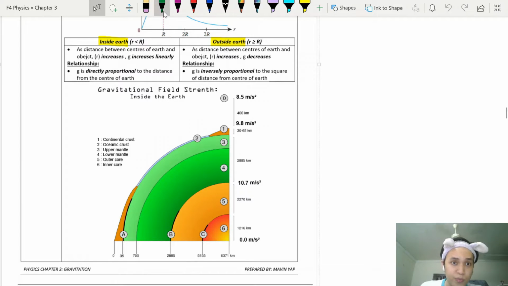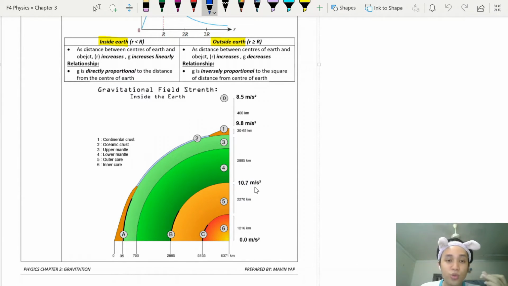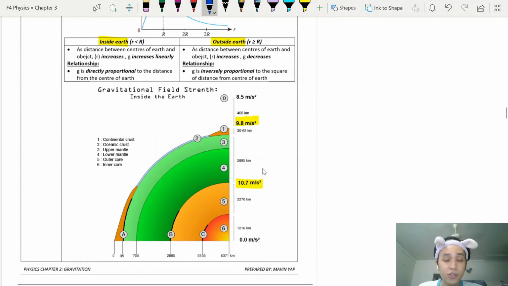As you go nearer to the surface of the Earth, you will notice that your gravitational acceleration is actually increasing, and then this part decreases until 9.8. So in truth, the actual depiction of the gravitational acceleration as you move from the core to the surface is that it will increase and then decrease back.